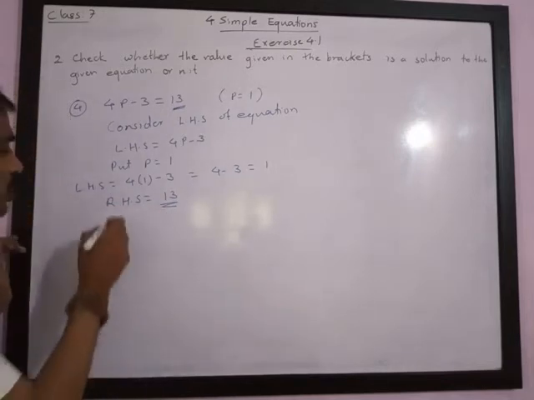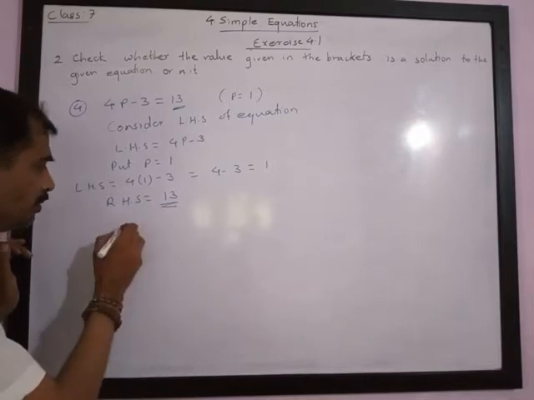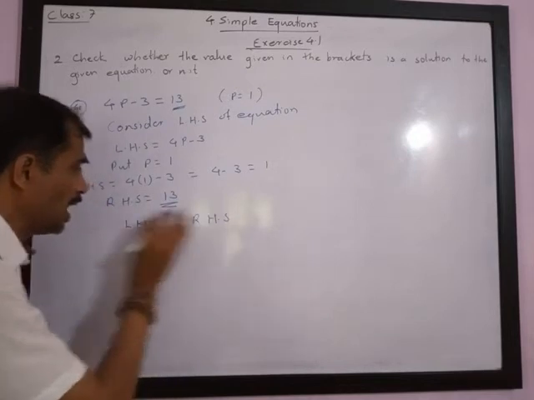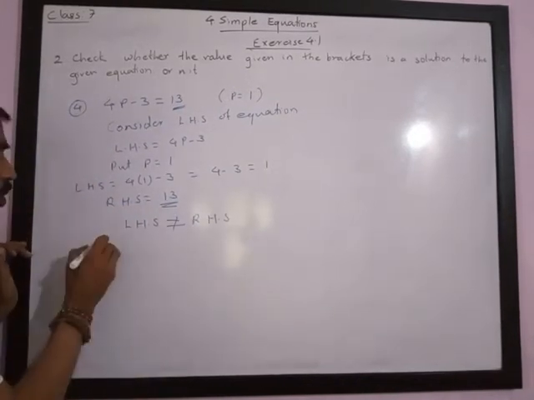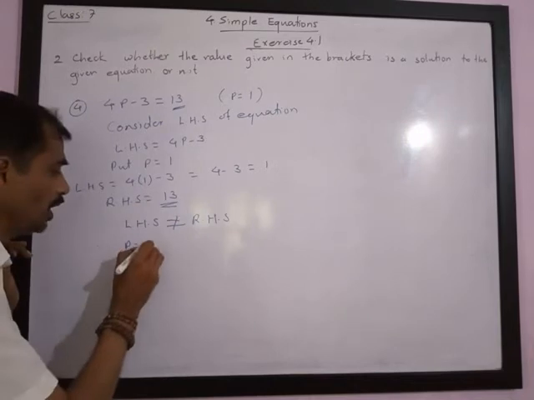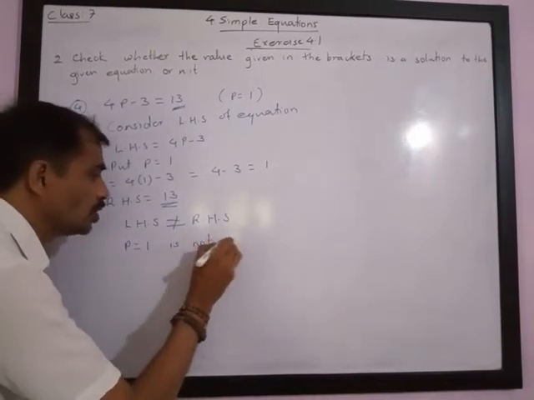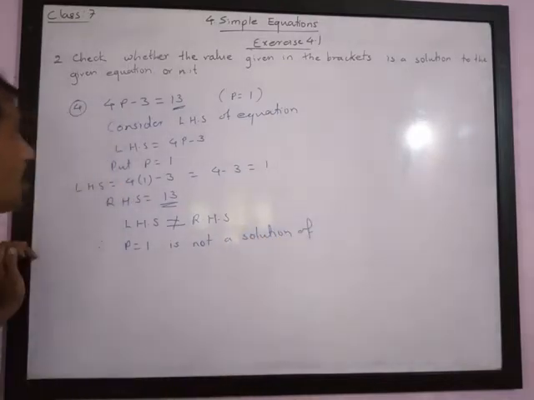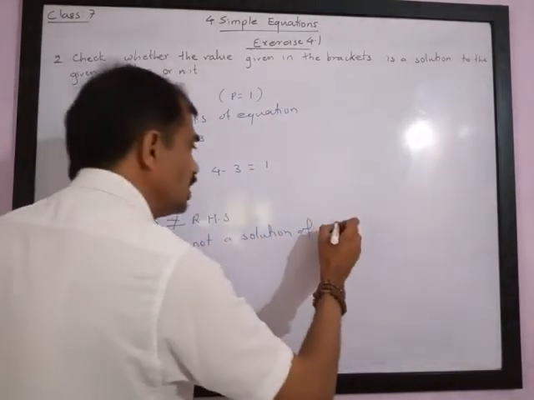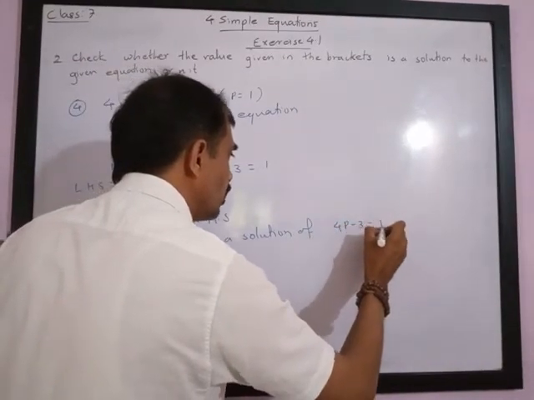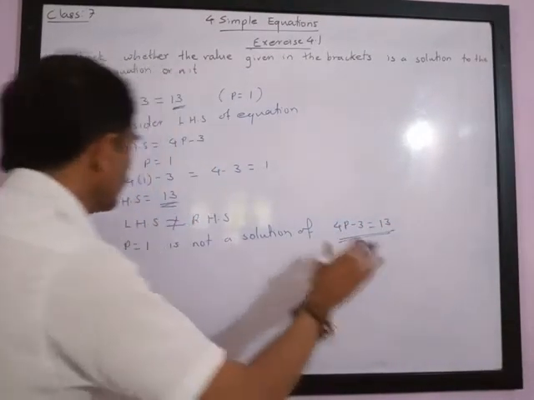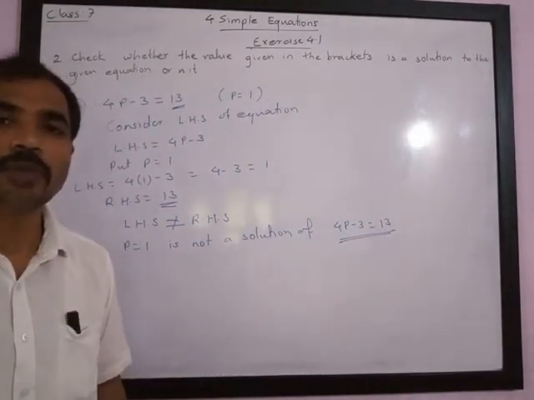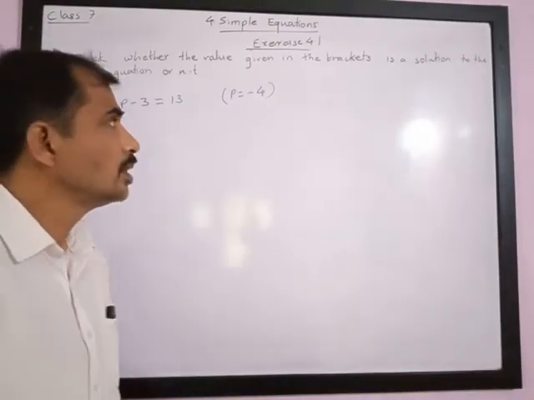We have already studied that if left hand side is not equal to right hand side, we say that p equal to 1 is not a solution of the given equation, that is 4p minus 3 is equal to 13. So this is the answer: p is equal to 1 is not the solution of the equation 4p minus 3 is equal to 13.